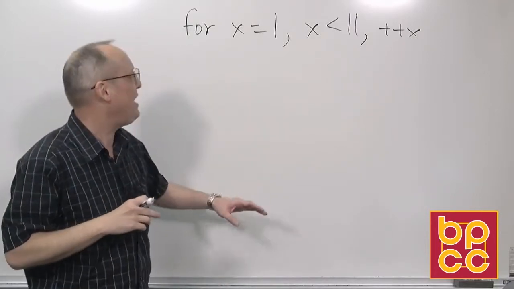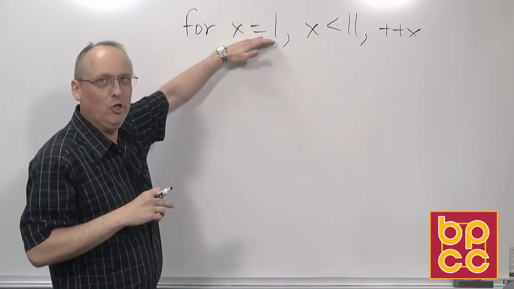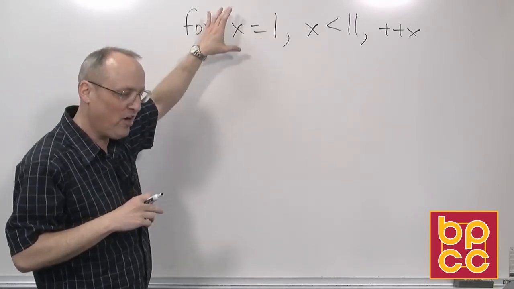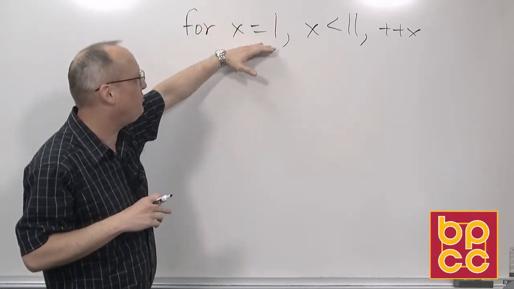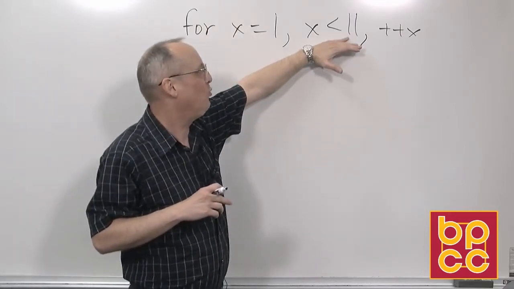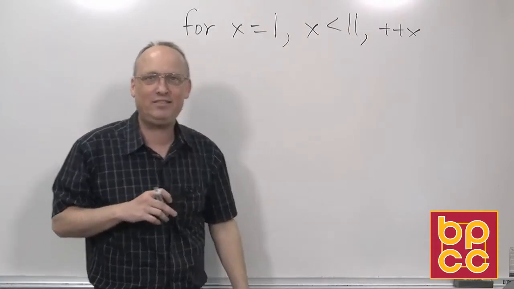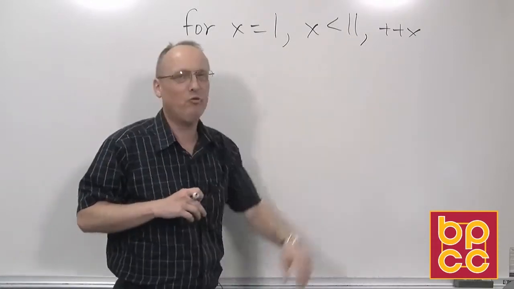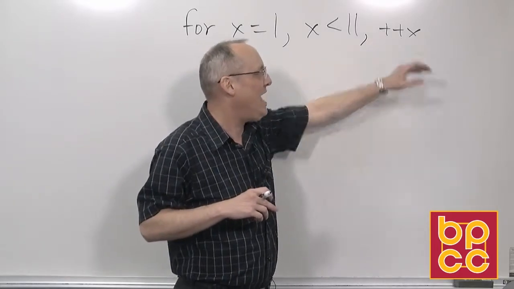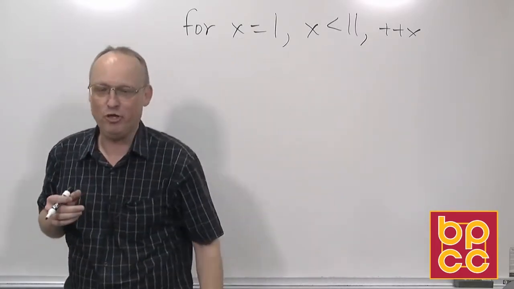Now what this loop says, we're going to start the loop with this value here called x, and this is called our loop variable. It starts with a value of 1, and it will run the loop until x reaches the value of 11, and then it will increment x by 1 each time through the loop.